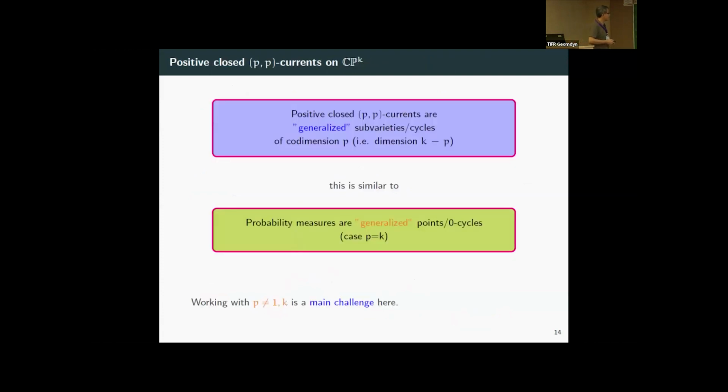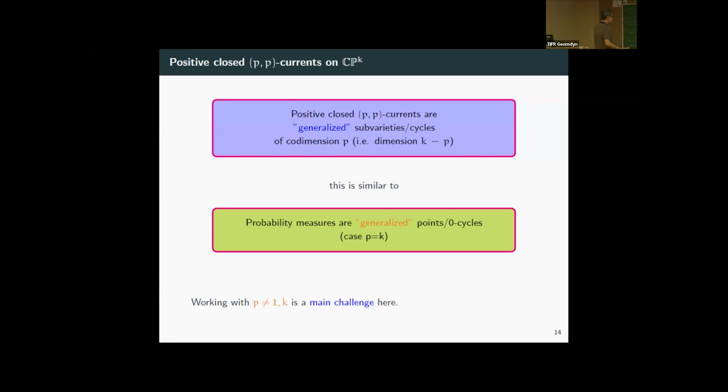Let's go ahead. I have to introduce a notion that we need here, a very quick introduction. I will come back to this a little bit later.